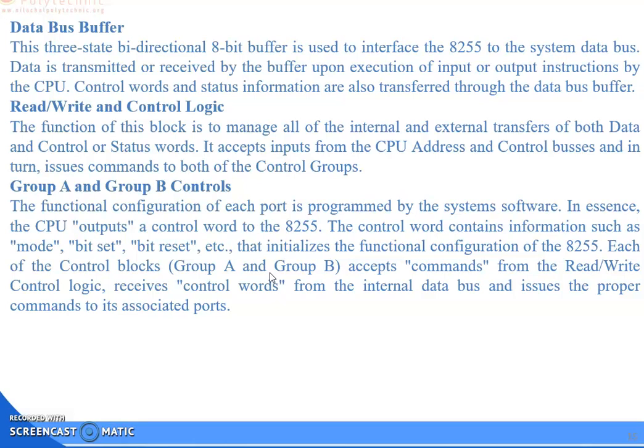Each of the control blocks, that is group A and group B, accepts the commands from the read or write control logic, receives the control words from the internal data bus, and issues the proper commands to its associated ports.